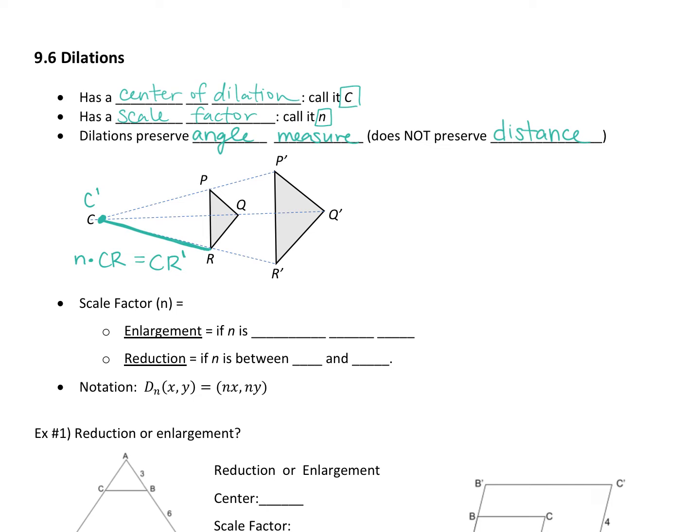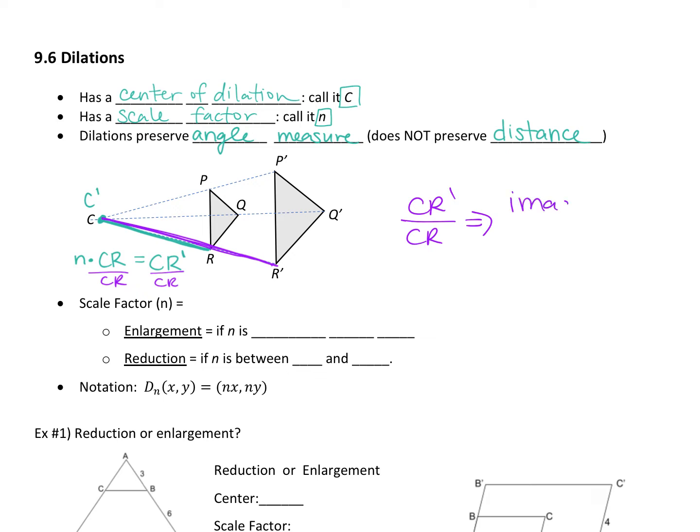So if we're trying to find our scale factor, if we're trying to find N, if I just divide by CR, I get CR prime divided by CR.